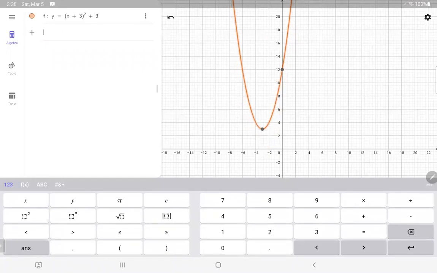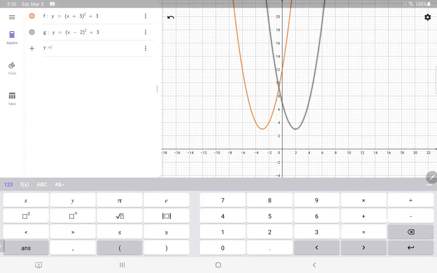Okay, second one. Y equals x minus 2 squared plus 3. Very nice. Last one. Y equals x minus 5 squared plus 3.